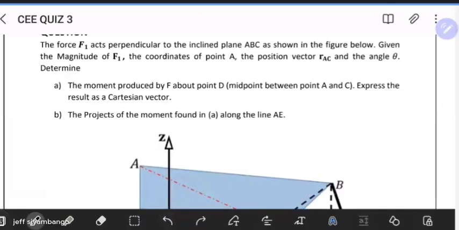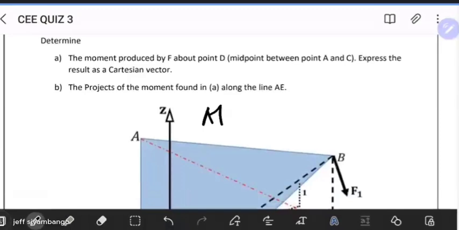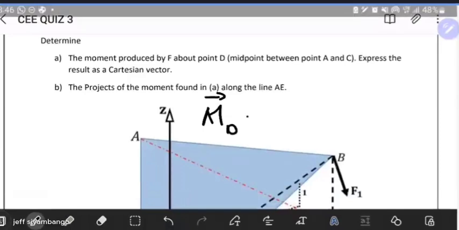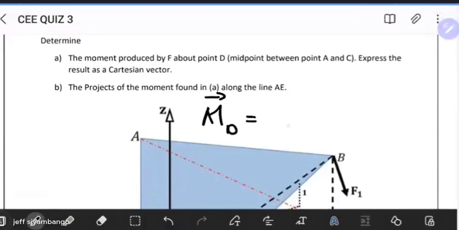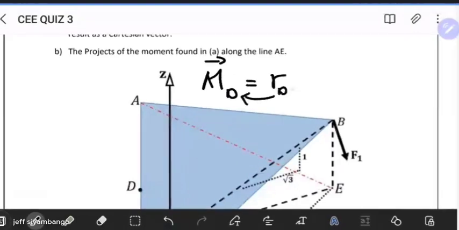So how do you determine the moment of a force about a point? The moment M of a force about a point, let's say D, and of course moment is a vector, is going to be given by the cross product of the displacement from the specified point, in this case D, to any point where the force is acting.